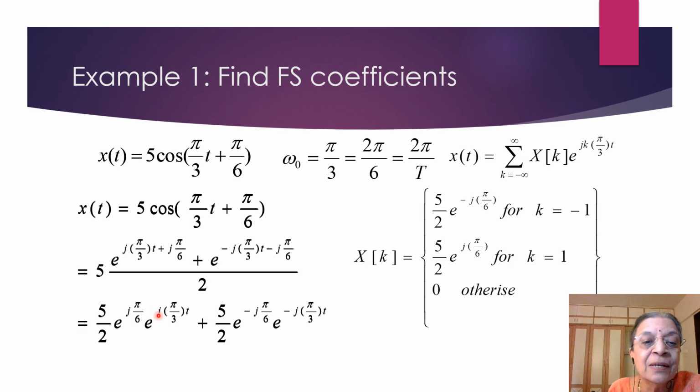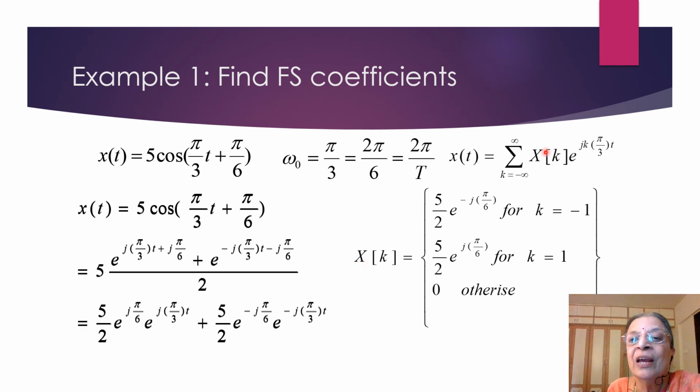So in this case, this is a constant, this is also a constant, and what is the corresponding period for this? The period is equal to 6. So this will be the constant for k equal to 1, and this will be the constant for k equal to minus 1.